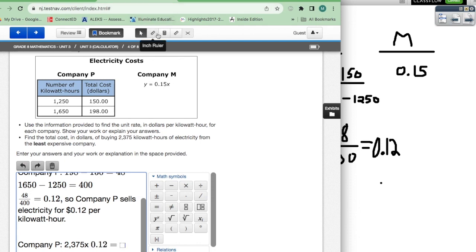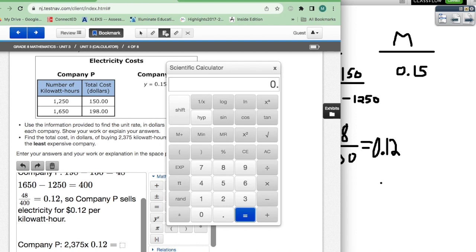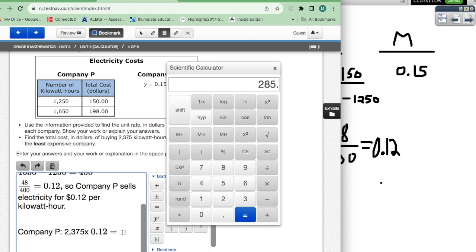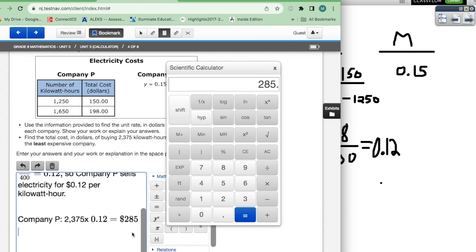All right. Let's go ahead and use our calculator. 2,375 times 0.12 equals 285. $285. All right, and let's have a good concluding sentence here.